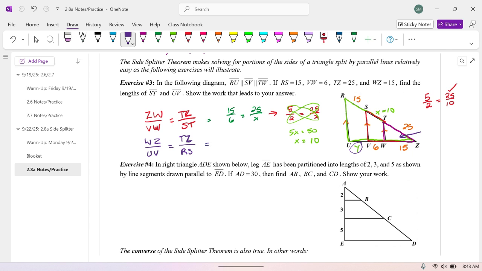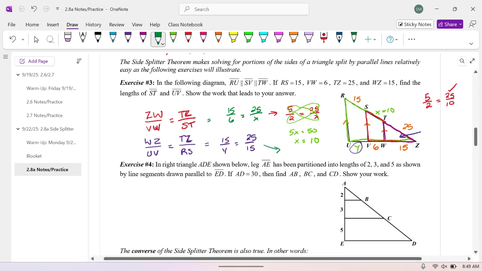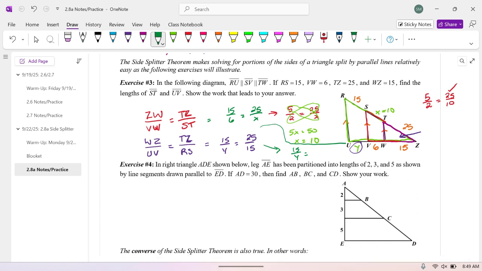So that means I would have 15 over y is equal to 25 over 15. And again, I'm going to simplify 25 over 15 to make my life easy. So 25 over 15 will simplify down to 5 over 3.